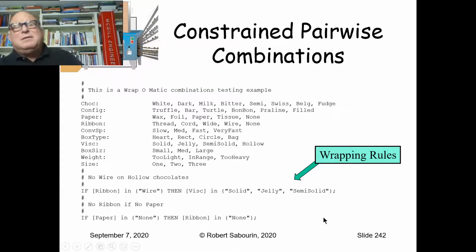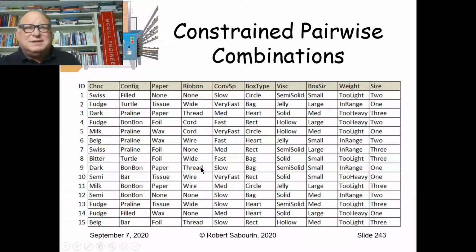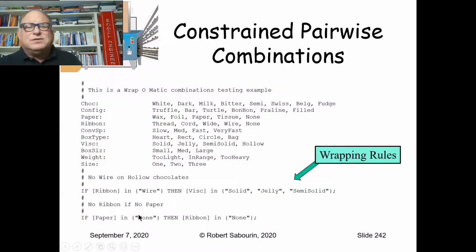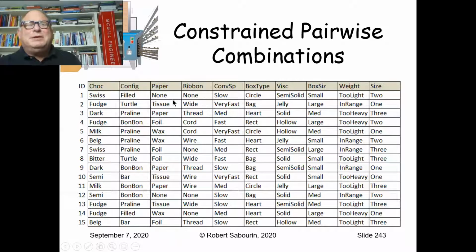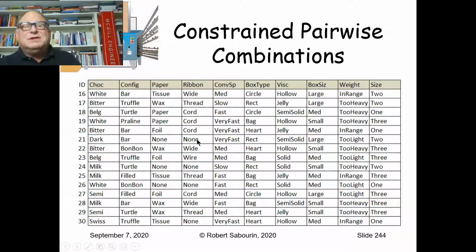Now we run this through the tool PICT, and it generates for us a set of test cases. And in this case, they follow the constraints. So if you look at paper none, ribbon none, it's always none none. Whenever there's a none here, there's a none there.